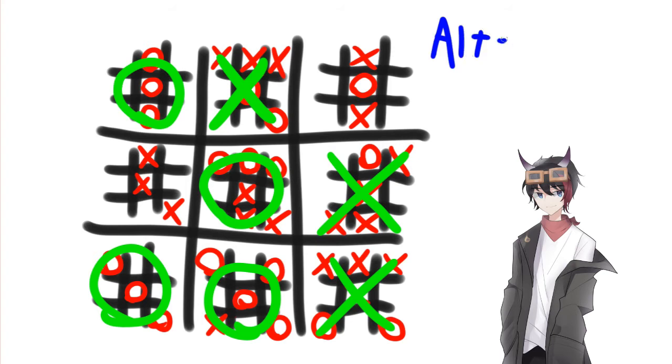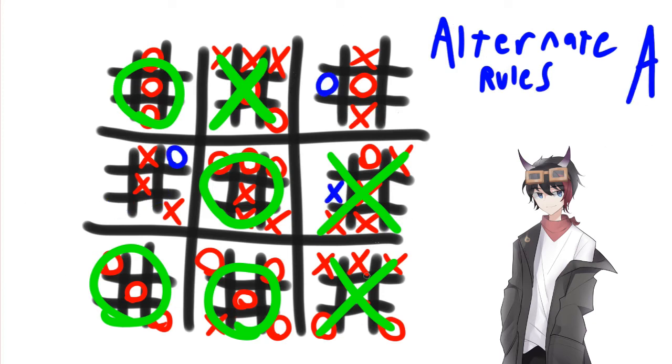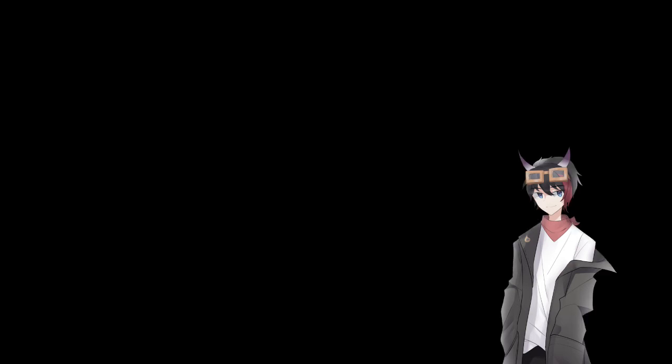There are certain alternative rules which you could apply, but only if both players agree on it beforehand. Alternate rule A, you can allow players to place their mark in a space in a claimed sector if all other moves are blocked to them.